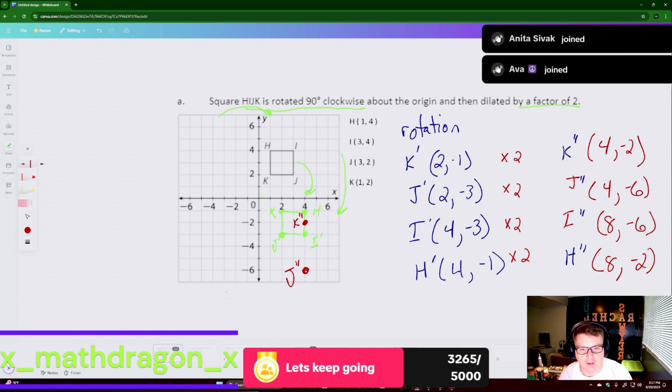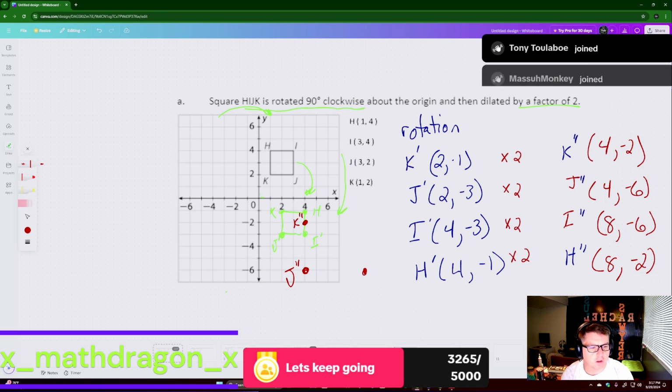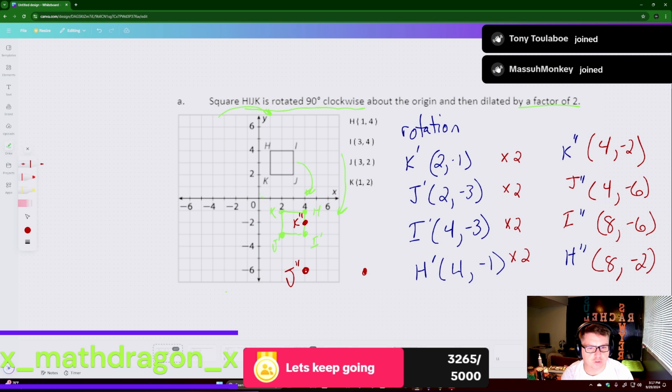Then we're going to have 8, so 7, 8, negative 6, and then H, 8 comma negative 2. And once we do that, boom, we're large and in charge.